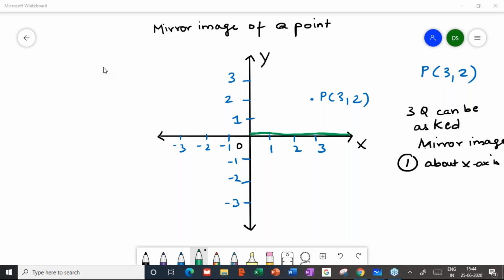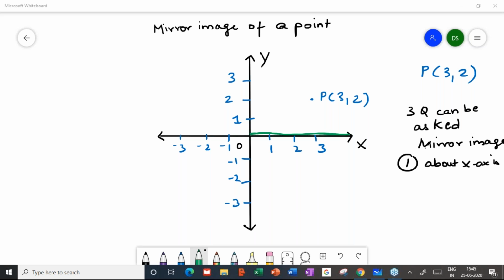I was saying that there is a concept called the mirror image of a point. Okay, so they'll give you a point and there are three possibilities of questions which can be asked. One is mirror image about the x-axis. So this I have drawn in green just to show that this will be a mirror. If it's a mirror, it means you're going to get the same point this side. So how do you get it?